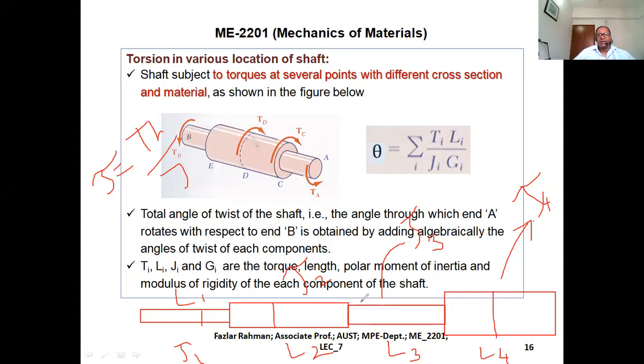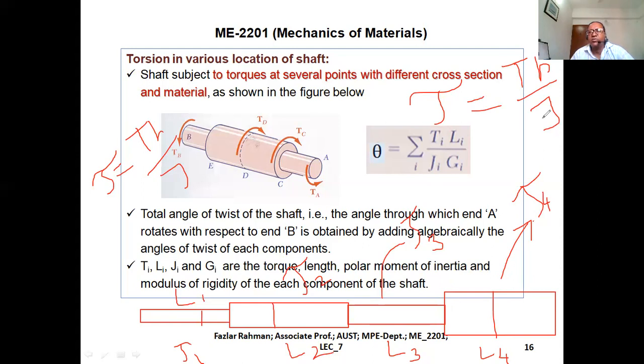And if you know the diameter, you can figure out the result from the formula tau equal to TR by J.